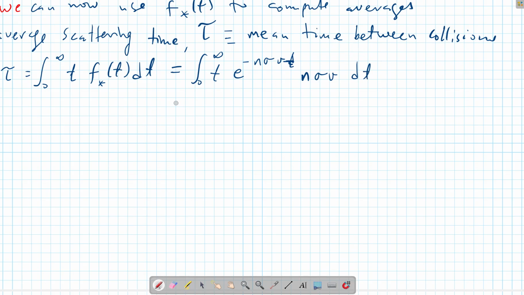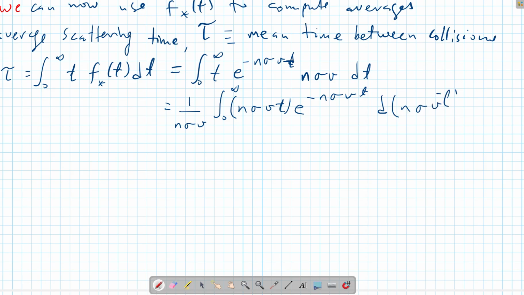Here we can see this is 1 over n sigma v, integration 0 to infinity of n sigma v t e to the minus n sigma v t d(n sigma v t). Okay, and this is similar to the formula we have used earlier.